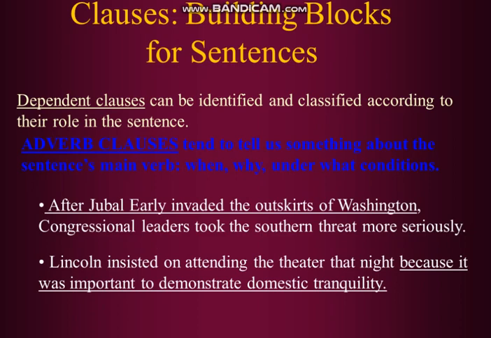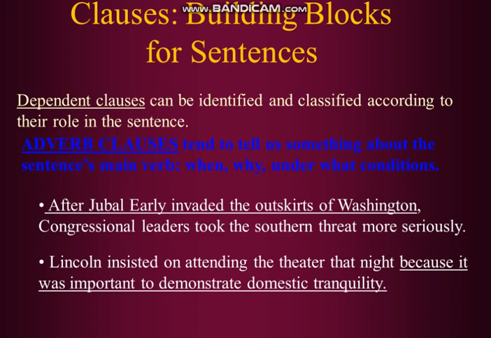So in the first example, all those words together work as an adverb because it qualifies when. എപ്പോഴാണ് ഇൻവേഷൻ നടന്നത്. So it qualifies when. See the second example. Lincoln insisted on attending the theater that night because it was important to demonstrate domestic tranquility.